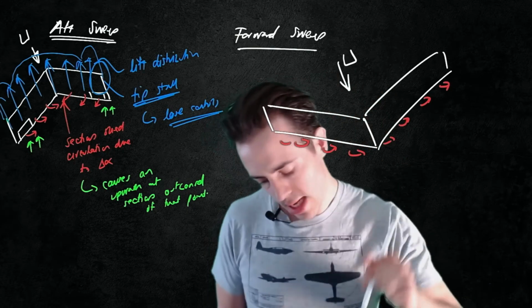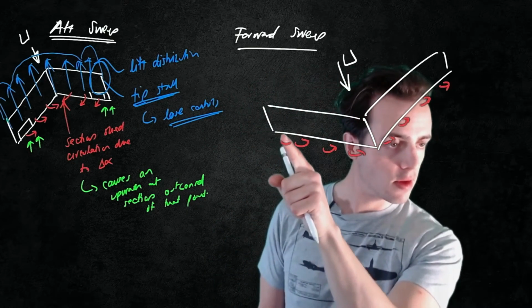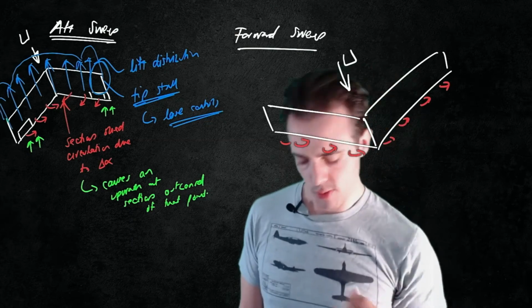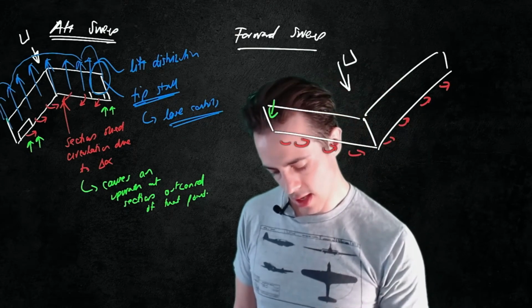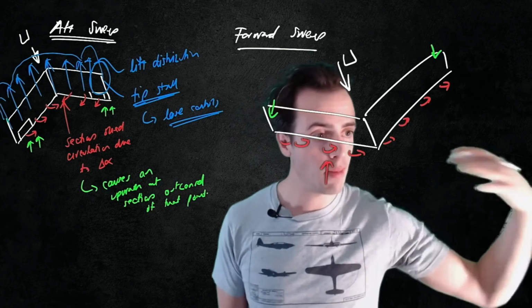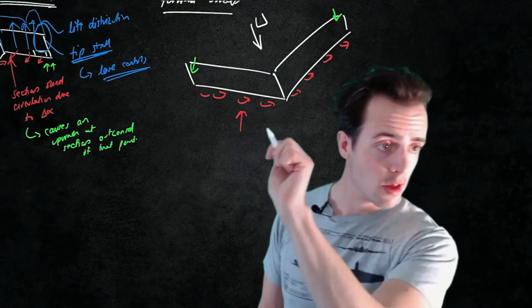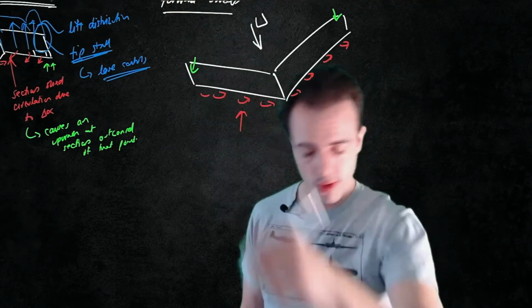Now what this means is that actually from the root sections we have a downwash at the tips. So when we have any perturbation in angle of attack and a perturbation in the strength of the bound vortex, this shed circulation here instead causes a downwash.